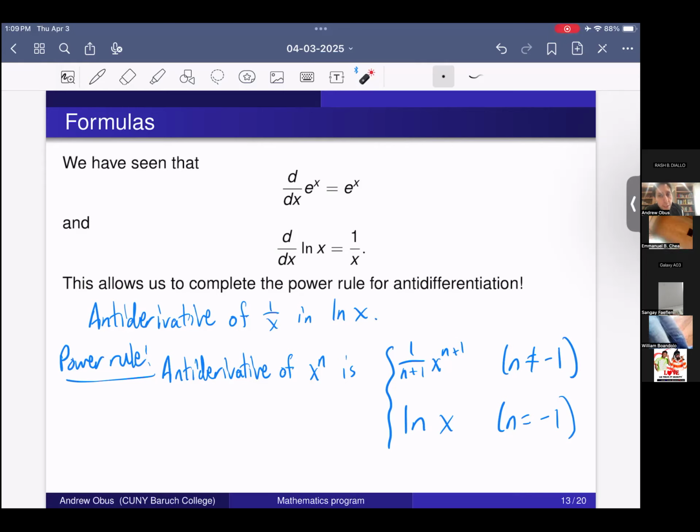All right, any questions on that? Okay. So this gives us this nice antiderivative formula: an antiderivative of 1 over x is ln of x.